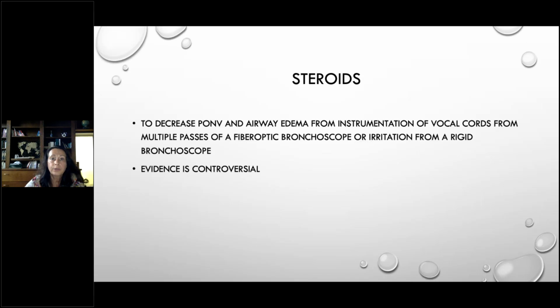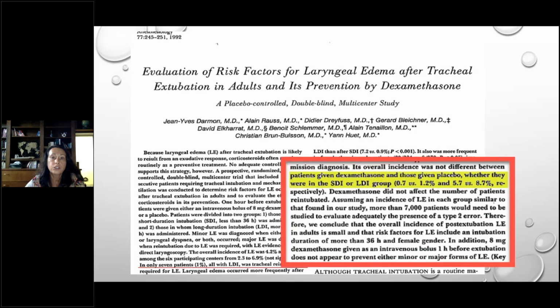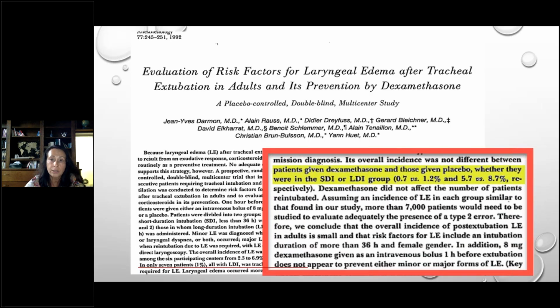But again, if you compare different studies, most of them are done in patients in the ICU after prolonged intubation. Some of the studies show that there's really no benefit of Decadron given 24 hours before extubation, whether the patient had a long or short duration of intubation. It did not decrease the incidence of post-extubation laryngeal edema requiring reintubation.